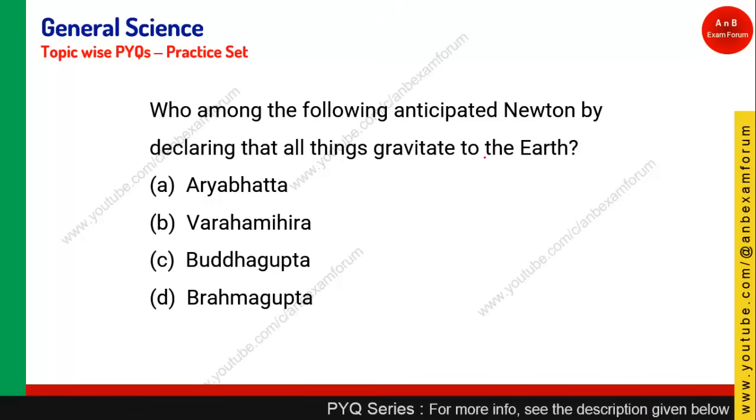All of us have been studying that Newton discovered the law of gravitation, but in fact in India, Brahmagupta, one of the famous astronomers, anticipated it long before Newton. He already said that all things are attracted toward the earth.